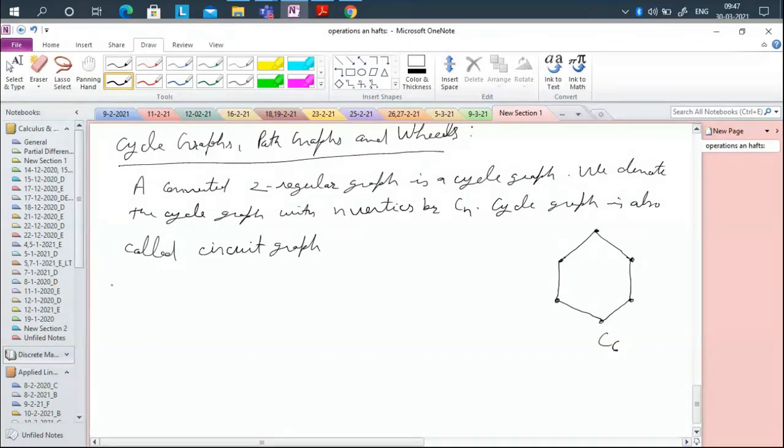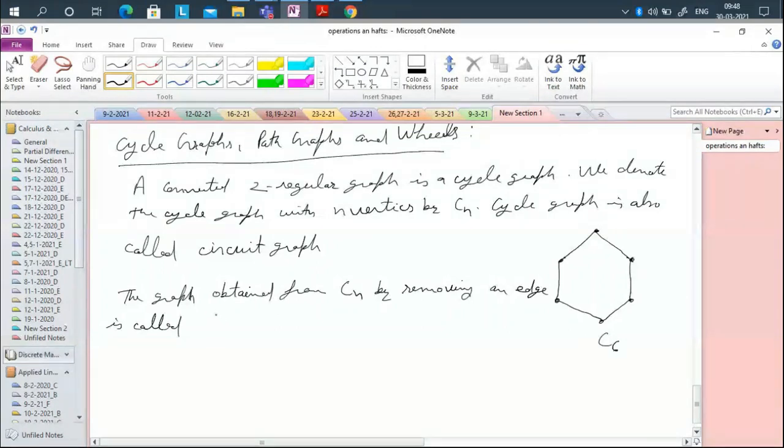Next definition: the graph obtained from a cycle graph Cn by removing an edge is called a path graph.